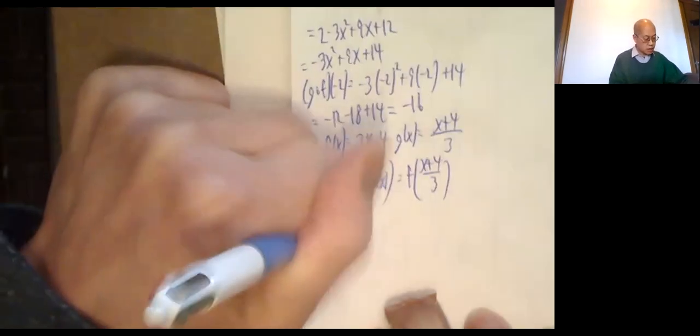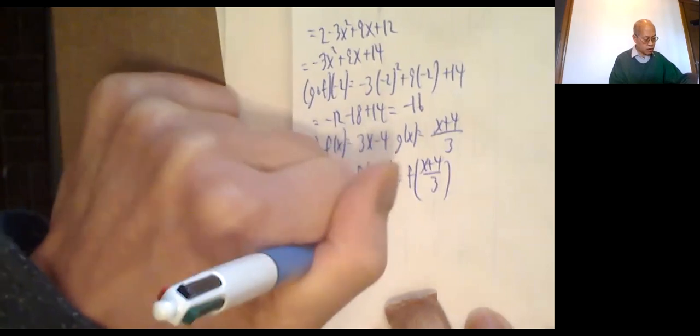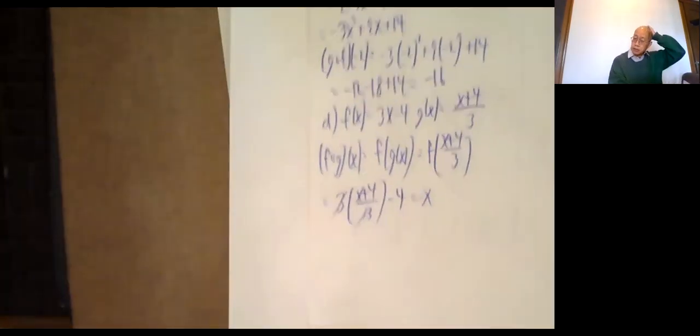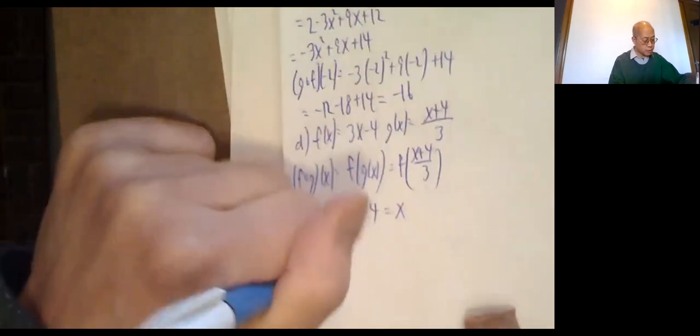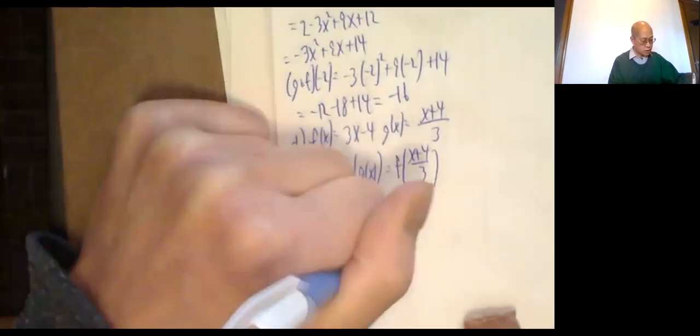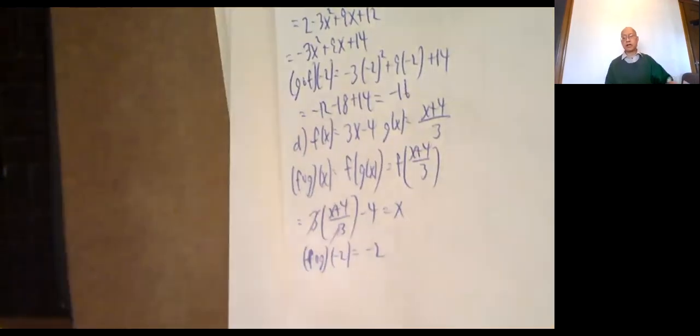So 3 times x plus 4 over 3 minus 4. Take a look what happens. The 3's cancel. x plus 4 minus 4 is just x. I'm back to where I started from, which automatically means f circle g of negative 2, if you plug in negative 2, you're just at negative 2.